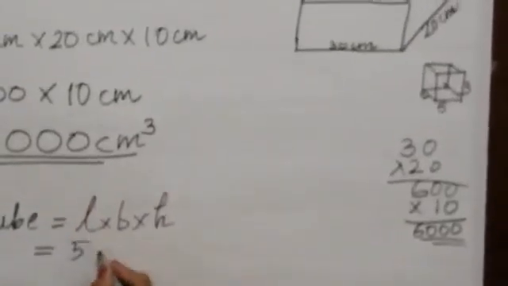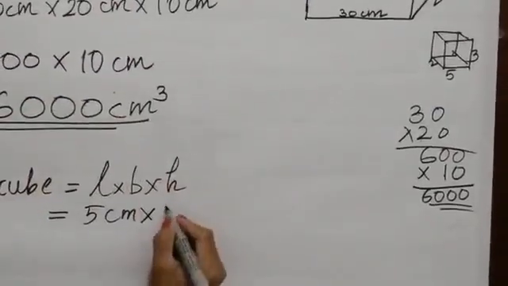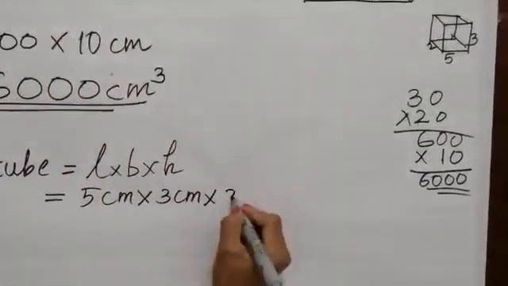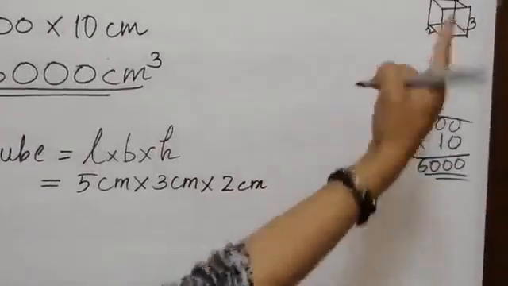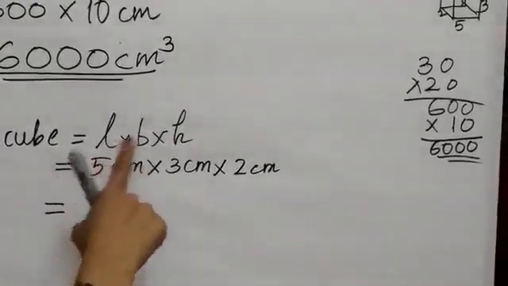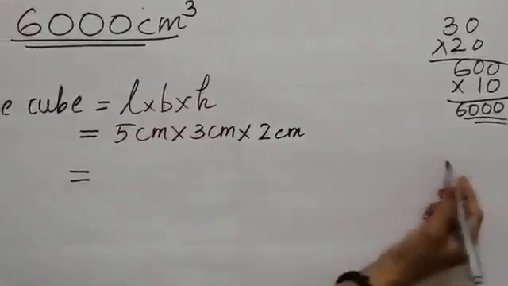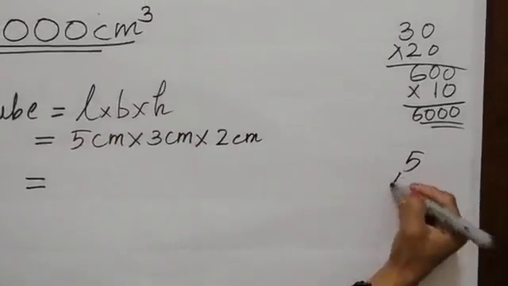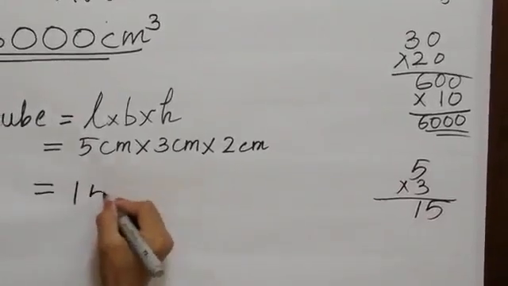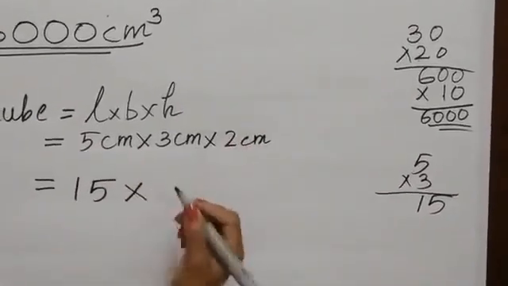Length 5 centimeter multiplied by 3 centimeter width and 2 centimeter height. You can check this. Equals 5 multiplied by 3. 5 3s are 15. So 15 multiplied by height also we need to multiply.